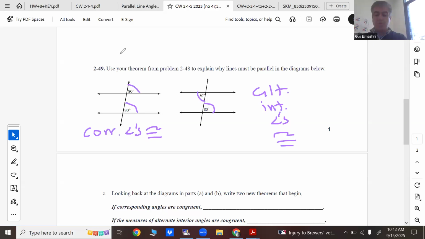So that's why those are parallel. So those are parallel and those are parallel. So looking back, if corresponding angles are congruent, lines are parallel. If alternate interior angles are congruent, lines are parallel.